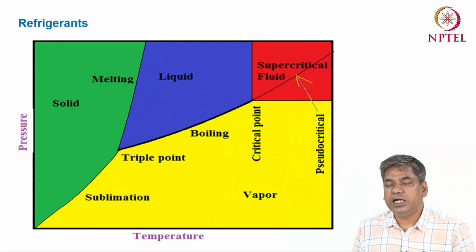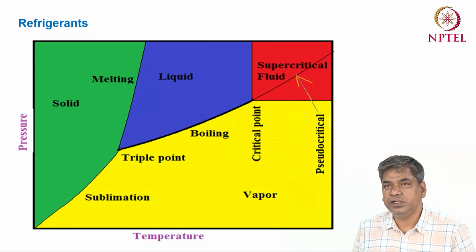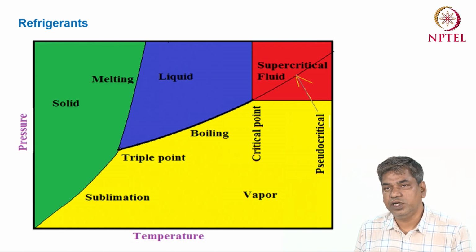With respect to this, there is another point called the normal boiling point, that means the evaporation temperature corresponding to the normal ambient pressure. That is called the normal boiling point temperature.